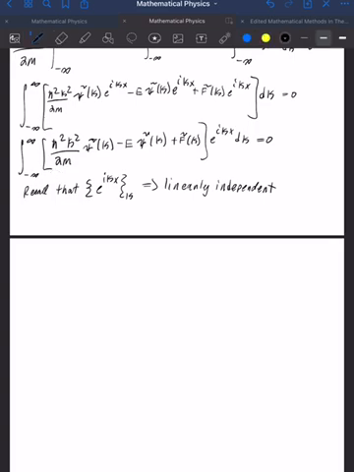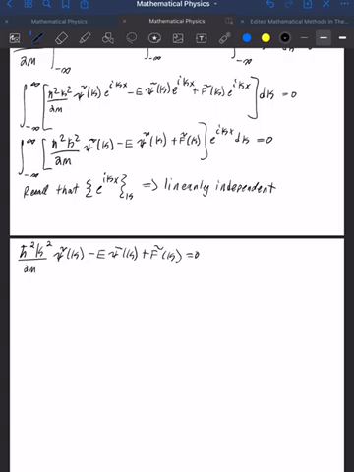So at this point, and this is a major simplification, which is really nice, this simplifies our problem quite a bit. Because those exponentials are linearly independent, we can say that h bar squared k squared over 2m psi tilde of k minus E psi tilde of k plus f tilde of k has to equal 0.